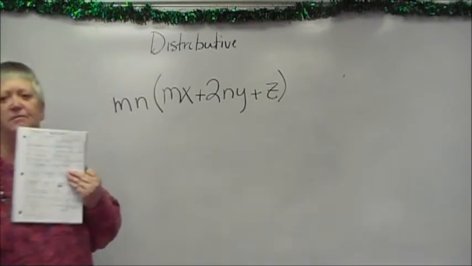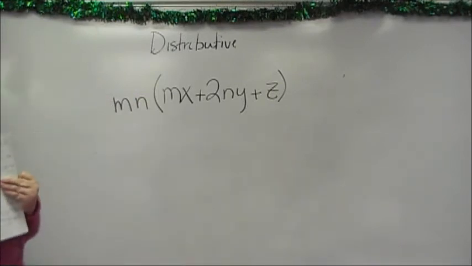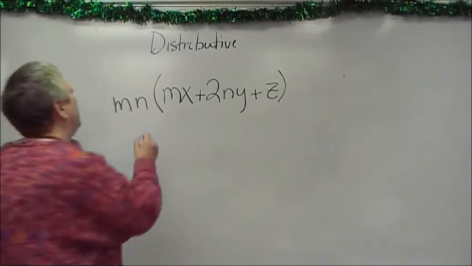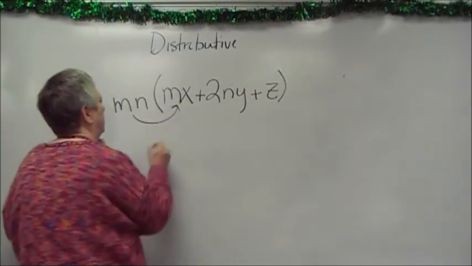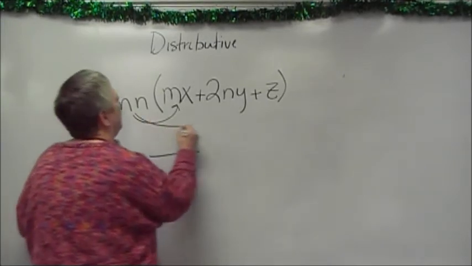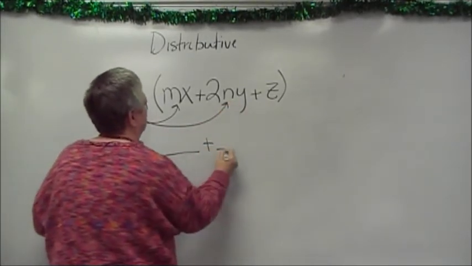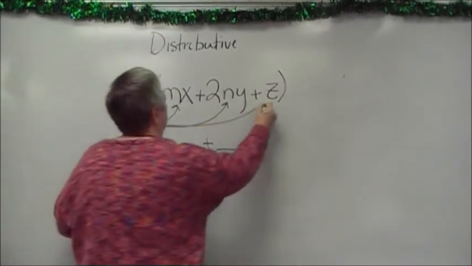So that's the first one. On this one with the distributive property, you got to take this with the first one and find that answer. Then you got to do it with the second one. Then you do it with the third one.